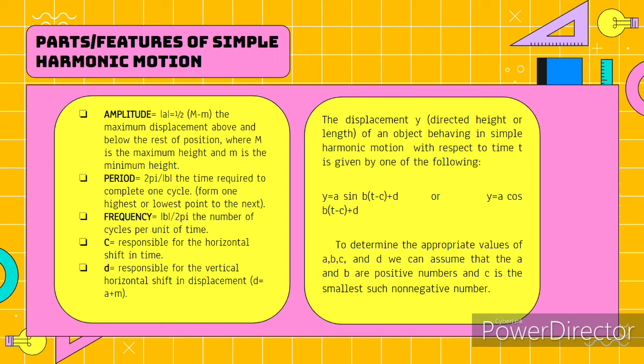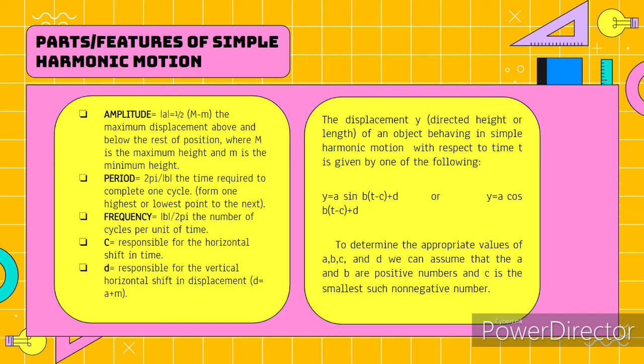The displacement y, or height of an object behaving in simple harmonic motion with time, is given by one of the following equations. The first one is y = a sin(b(t − c)) + d, or y = a cos(b(t − c)) + d.